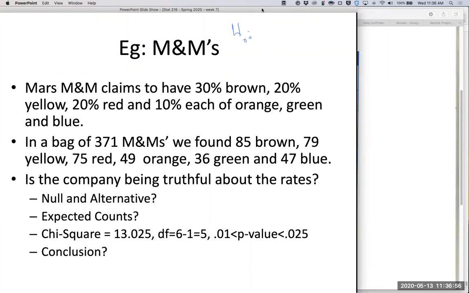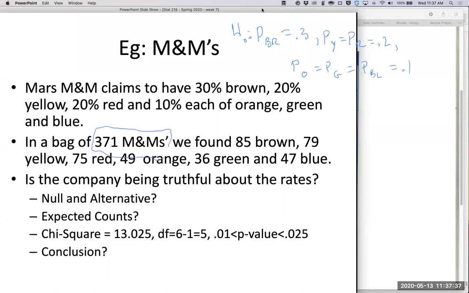My null hypothesis is that the rate of brown, P_BR, equals 0.3, P_Y equals P_R equals 0.2 for yellow and red, and P_orange equals P_green equals P_blue (BL for blue) is 0.1.